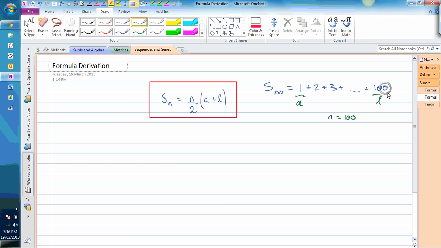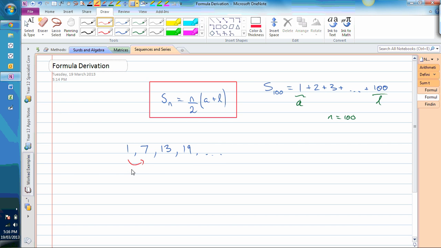Unfortunately, however, we sometimes actually don't know what this last term is going to be, which means that a lot of the time when we're working with a series, we don't have the number to substitute into this L position in the formula. Take, for example, the sequence that's defined by 1, 7, 13, 19, and so on.